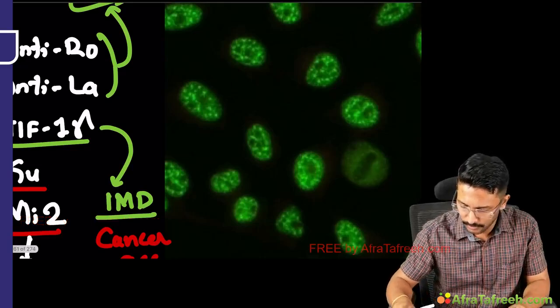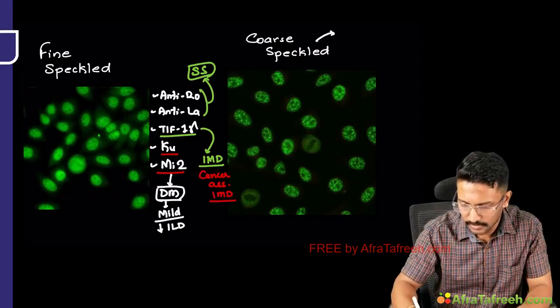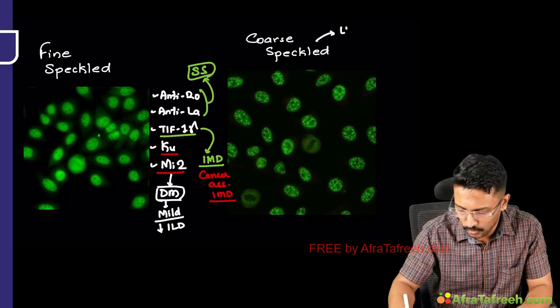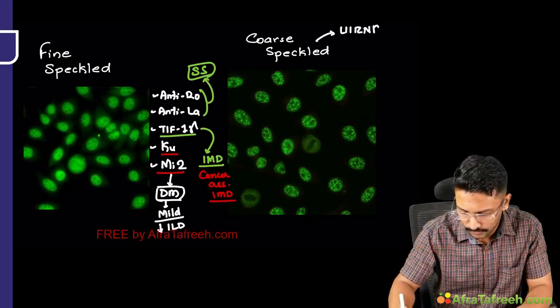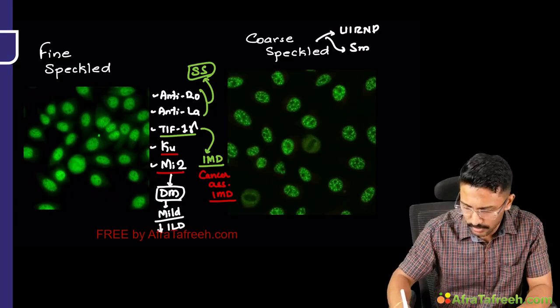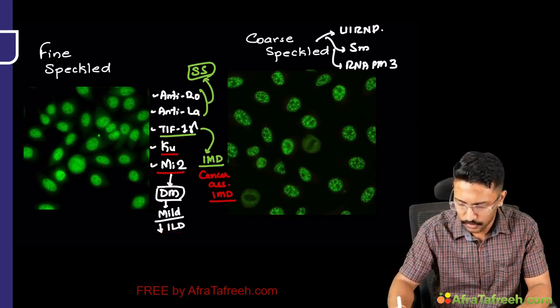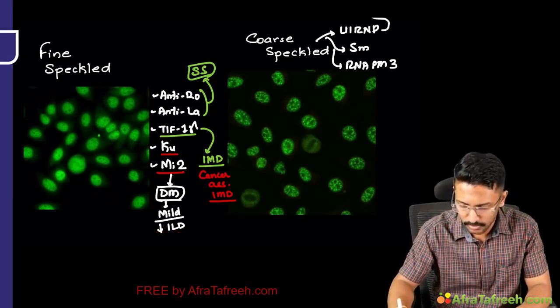Okay, now the important antibodies that can give rise to a coarse speckled pattern are: number one, your anti-U1 RNP antibody, number two is your anti-Smith antibody, and number three is your RNA polymerase 3 antibody. Okay, now where do we see anti-U1 RNP antibody?